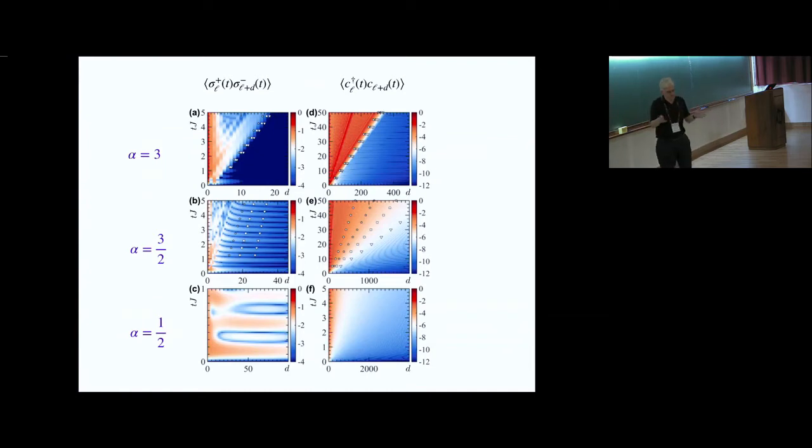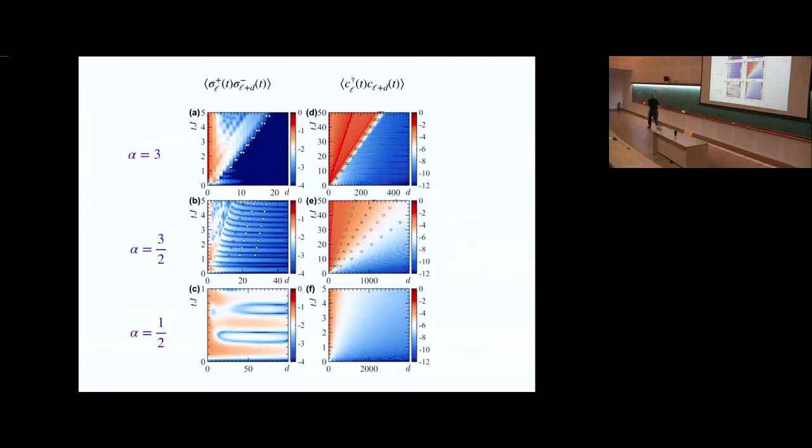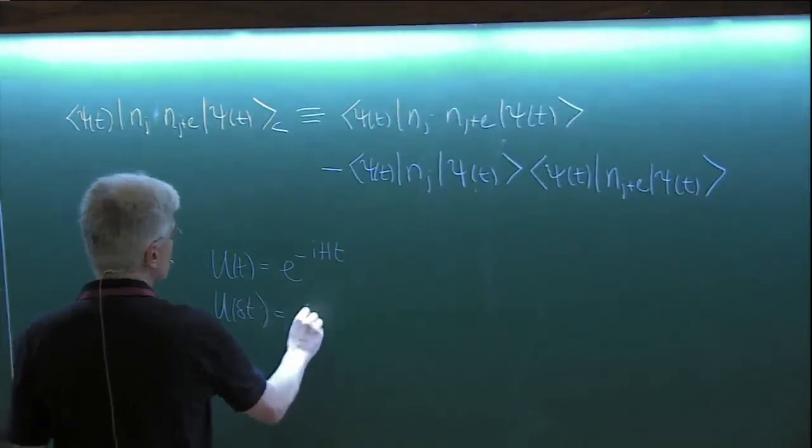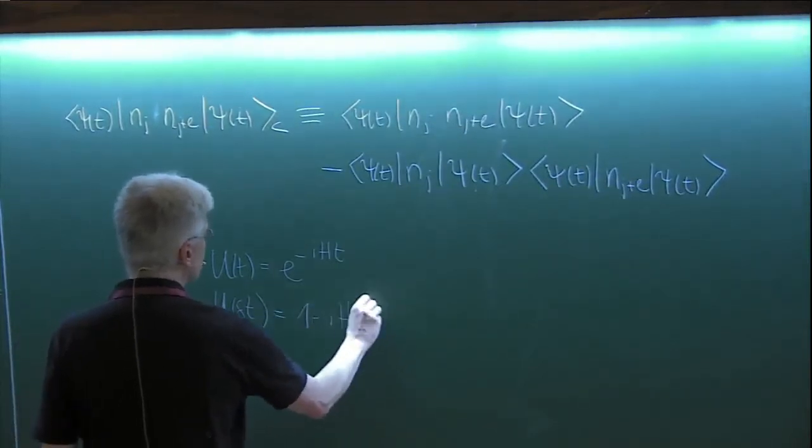Because if you think about it, the Hamiltonian induces time evolution, right? So your time evolution operator is U(t) = e^(-iHt). So U(delta t), let's look at a very short time, is 1 minus iH delta t.